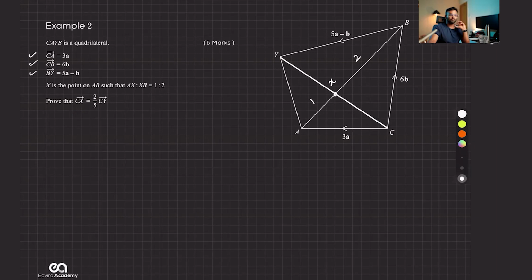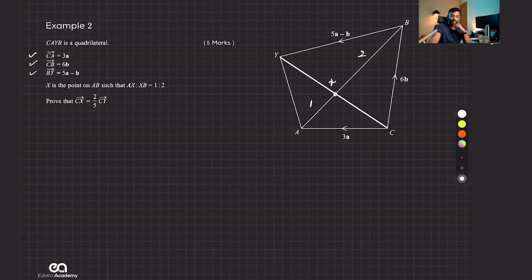Okay, so how would you approach this question initially? How many of you would struggle in approaching where should I get started? You think you know where to start.